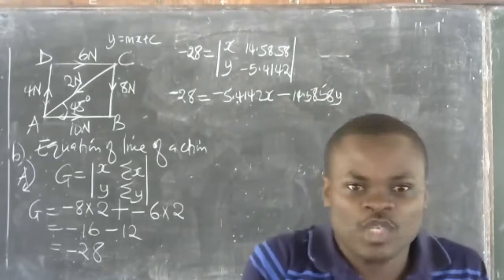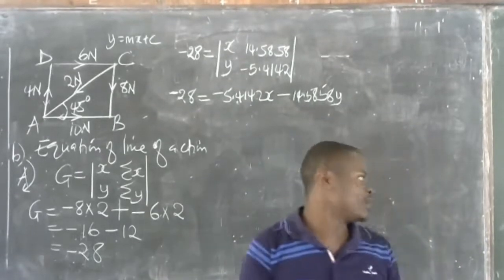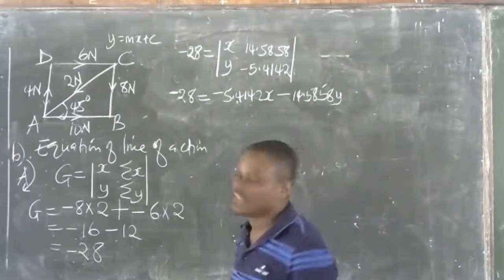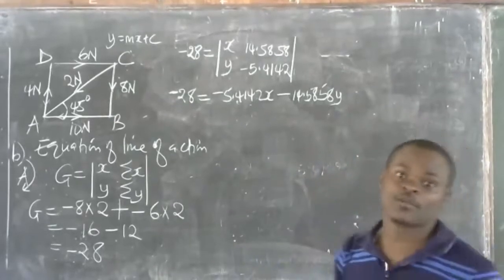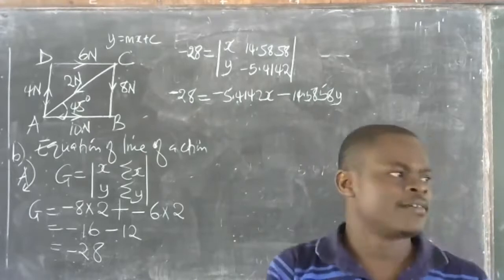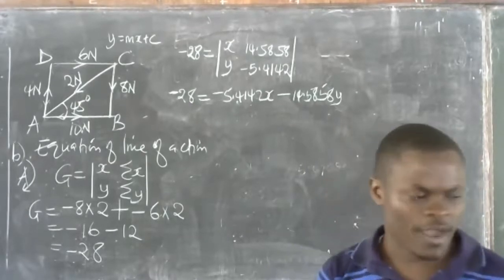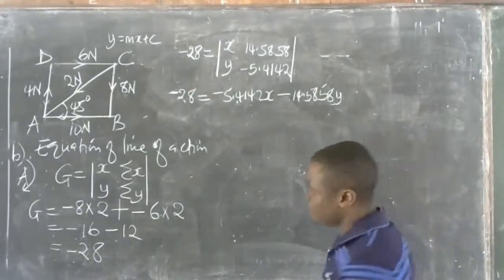And that is the equation of line of action. If you want, you can divide all through by a negative, but it is not necessary. That's the equation of line of action they wanted. The question was saying, determine the equation of line of action of the resultant, hence or otherwise, the point where it cuts the side AB.